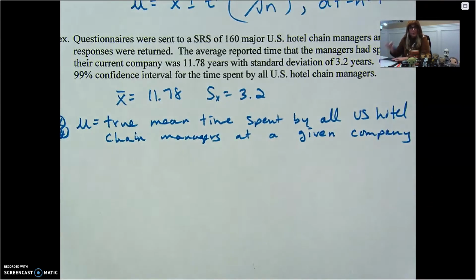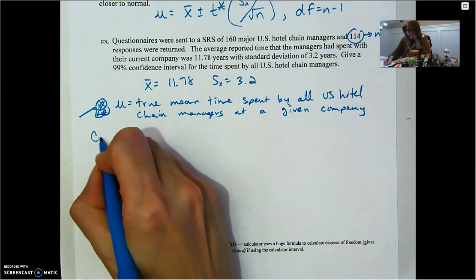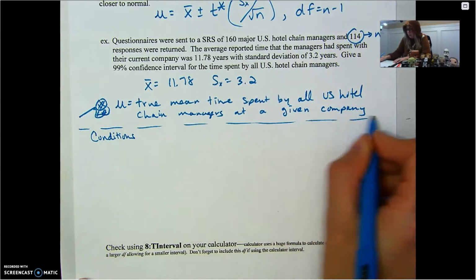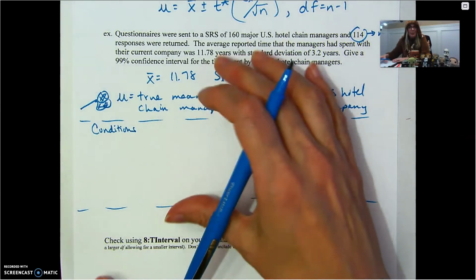All right, so then the next thing I gotta do is our conditions, and then we'll get into our formula, and then we'll have our concluding sentence. See how it's like a cute little sandwich?